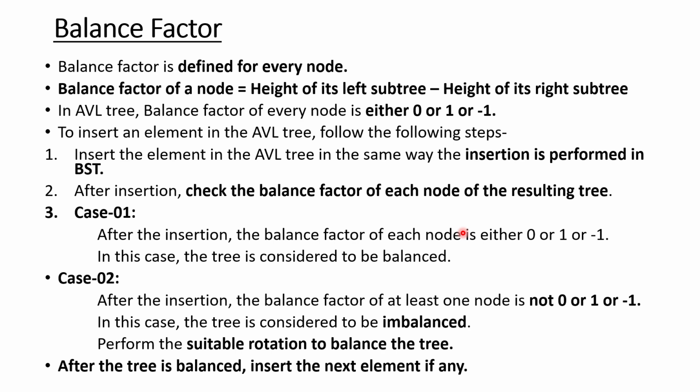That is why it requires either a single rotation, rotate left or rotate right, or a double rotation, once left then right, or once right then left. In this way we can get the tree balanced.